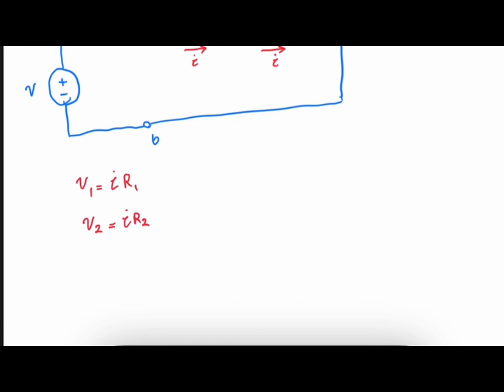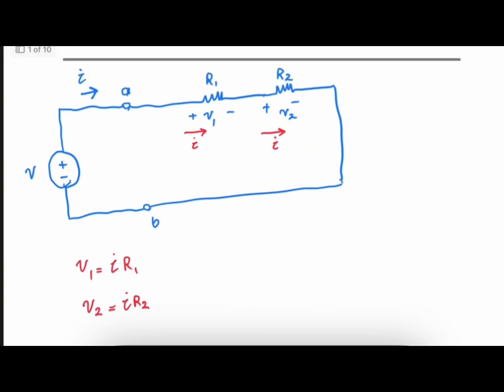Now we can apply KVL, which is Kirchhoff's voltage law, to the loop. We know that in any closed loop, the total sum of the voltages must be equal to 0.